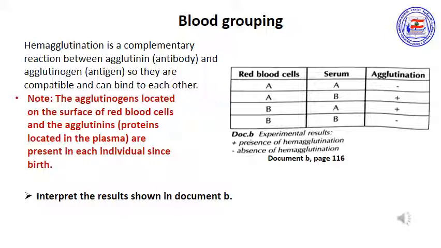So this leads us to think that in our blood, the red blood cells carry antigens or agglutinogens that are different from the proteins or the agglutinins found in the serum.